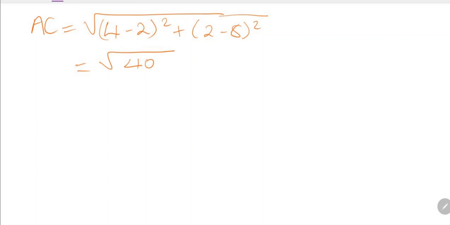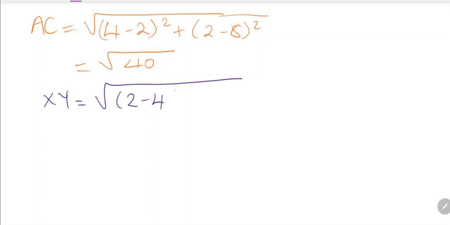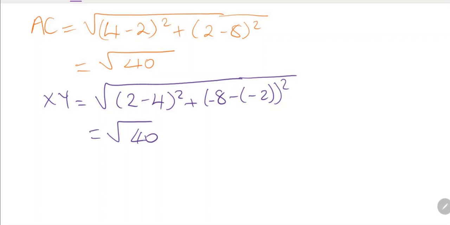And we need to look at XY. So looking at the coordinates, we have the difference in the x's is (2 minus 4) squared, and then the y coordinates, we have (minus 8 minus minus 2) squared. And if we work that out, they are equal.